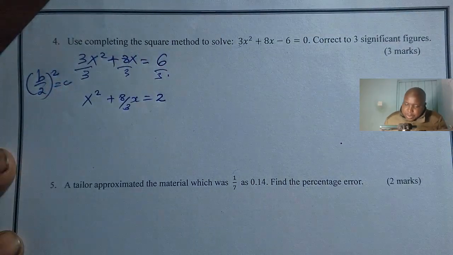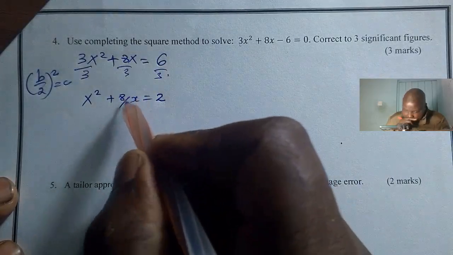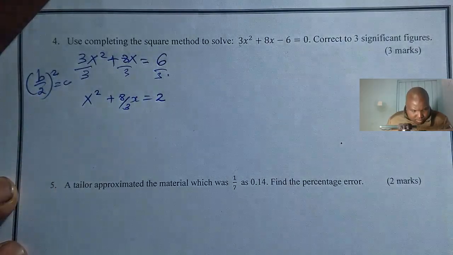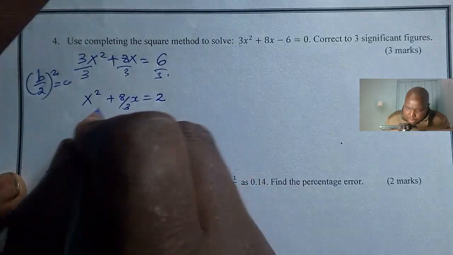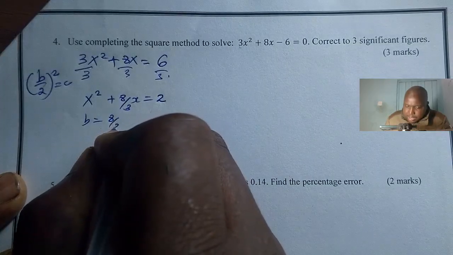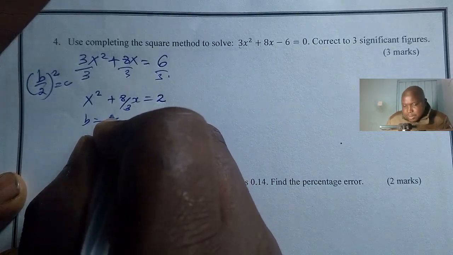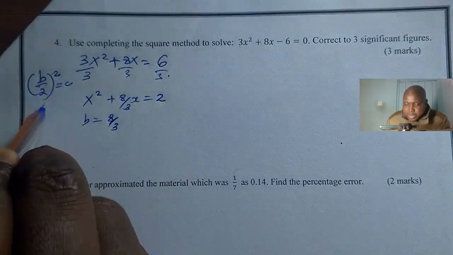Remember that? So we need to make this one in this form. Our b is equal to 8 over 3. That is our b. So if this is b, we are supposed to divide by 2.